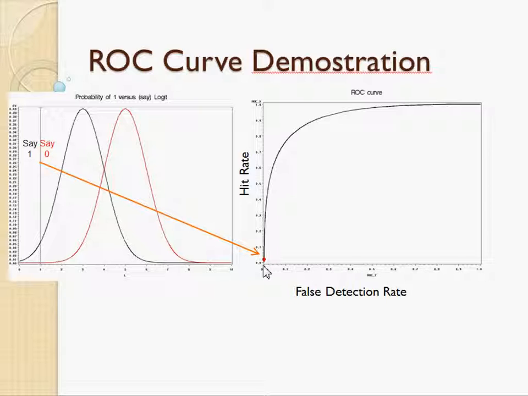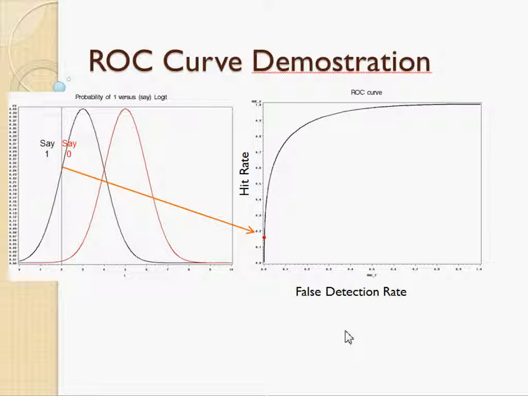At this time, the point moved upward to here. If we move even more, the corresponding point is moving up even more. If we plot the points of hit rate versus the false detection rate, we can generate this ROC curve.